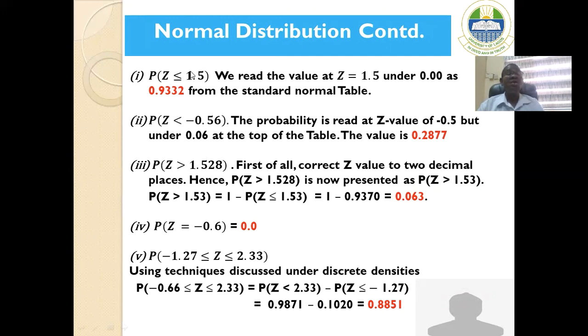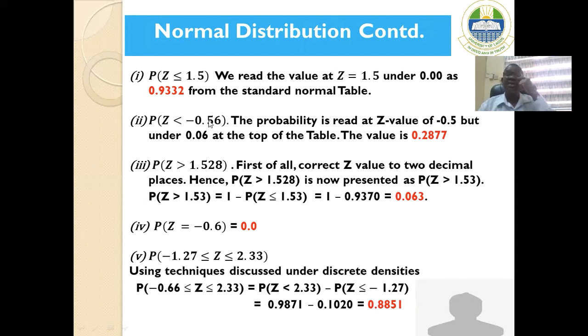Continue going along that Z value until you see 1.5. When you see that point 1.5, read 1.5 under 0, because for 1.5 there is no more value here. See, there's no value here. So it's 1.5 under 0. The value is 0.9332.